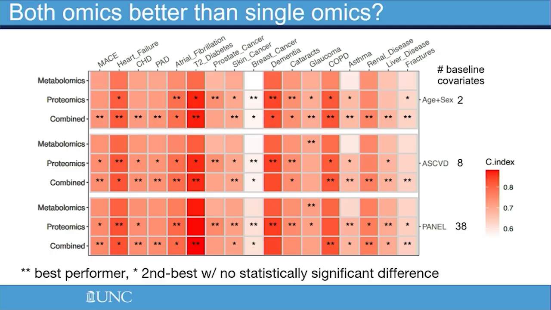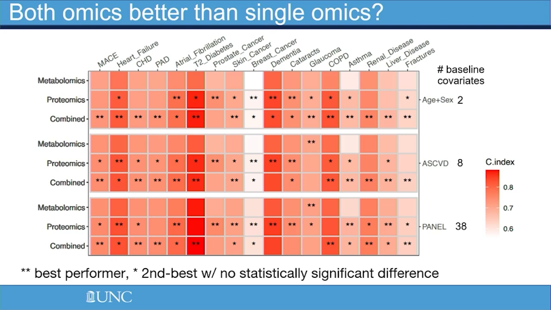And then for each block, on the top we built the model using metabolites only, the middle one protein only, and the bottom one using both omics. And the 2-star means the best performer among the 3, and 1-star means it's the second best performer, but there's no statistical difference from the best performer.